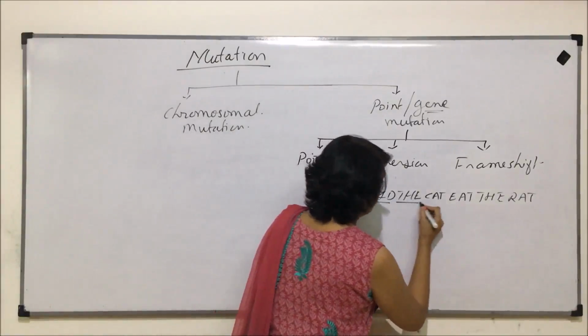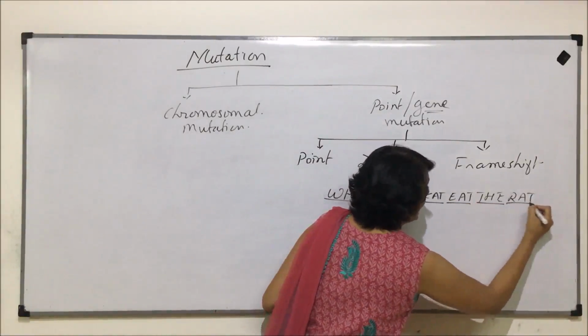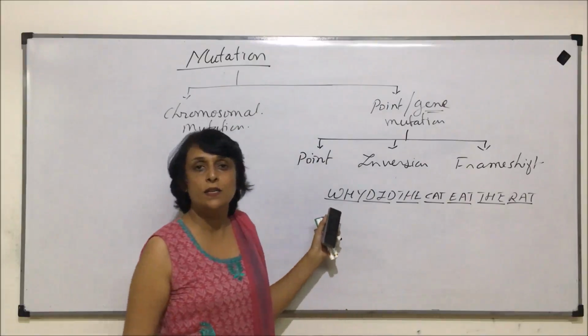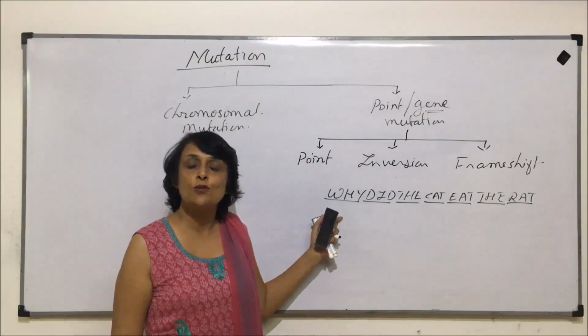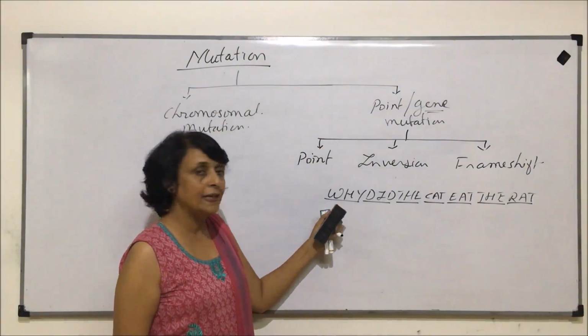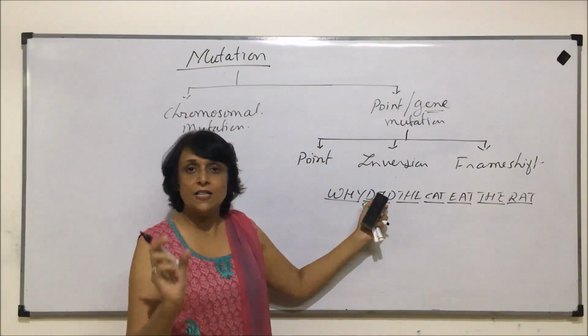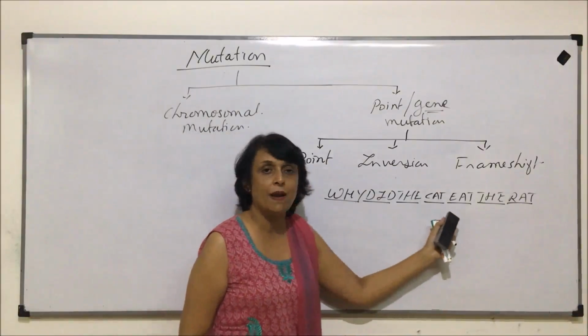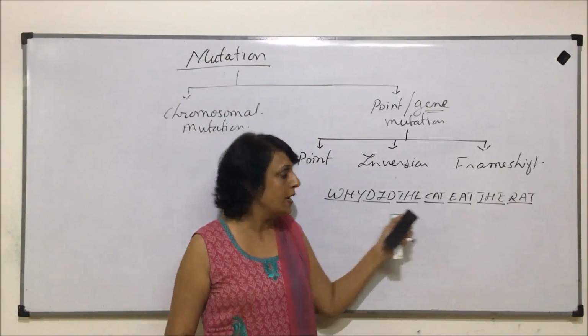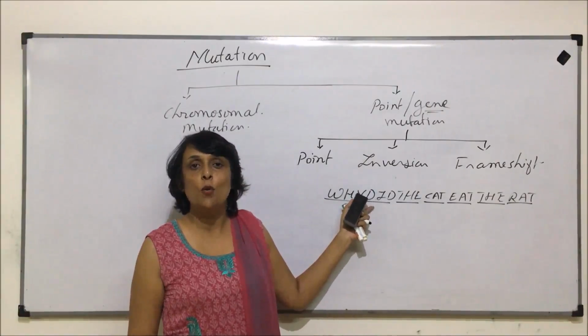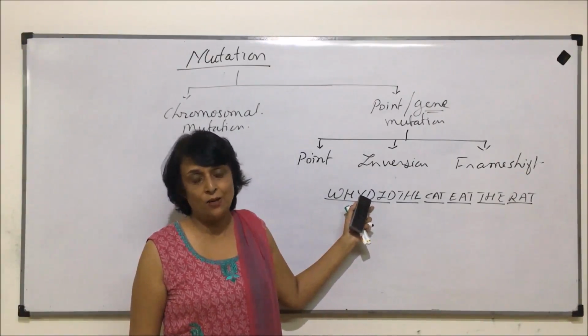Why did the cat eat the rat? And the reason for choosing this is because our codes are also triplets. That means every triplet reads as a specific word in this statement. And if it is a genetic code, each triplet is actually coding for a specific amino acid.